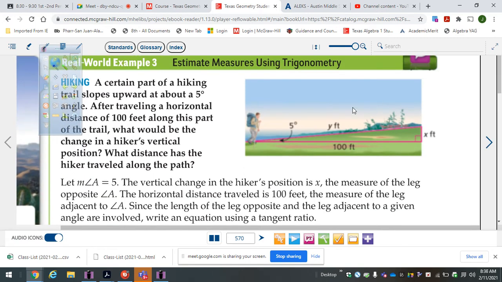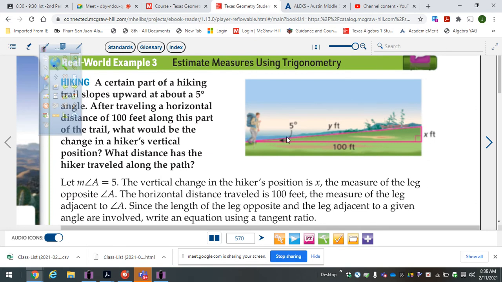Here, using that idea, we could figure out the unknowns over here. So if we wanted to find x, and there was this right triangle like this, and we had this angle over here, 5 degrees, we could do sine of 5 degrees, cosine of 5 degrees, tangent of 5 degrees, using the two we have, and then using the third one to be the unknown, and we could find it. So according to 5 degrees, this would be opposite and adjacent, so I would use tangent.